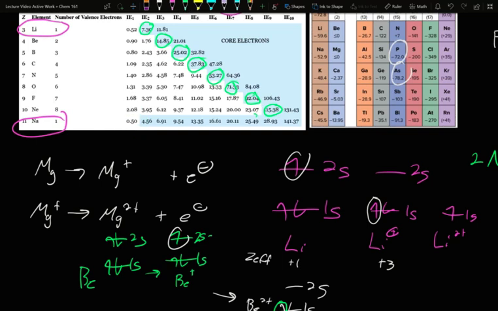But as we go down the periodic table, it gets a little bit easier. Lithium to sodium here. We can see that even the second or third ionization is easier off of sodium than it is off of lithium. Going down a column, it is less energy. Going to the right on a row, it is more energy.